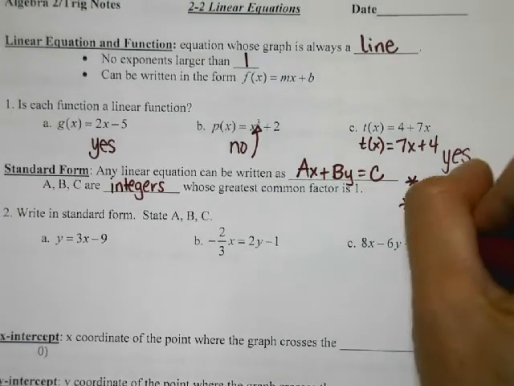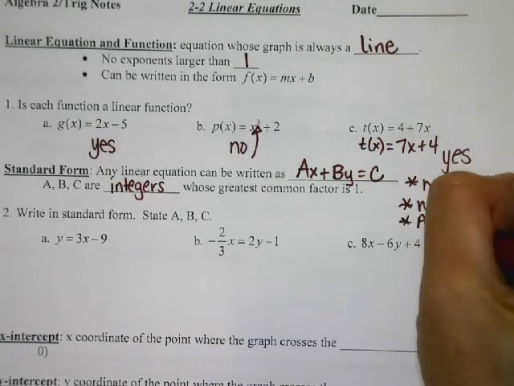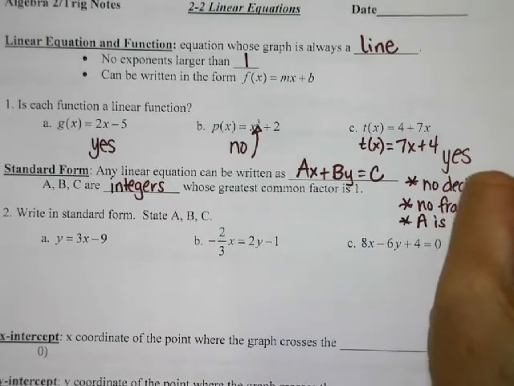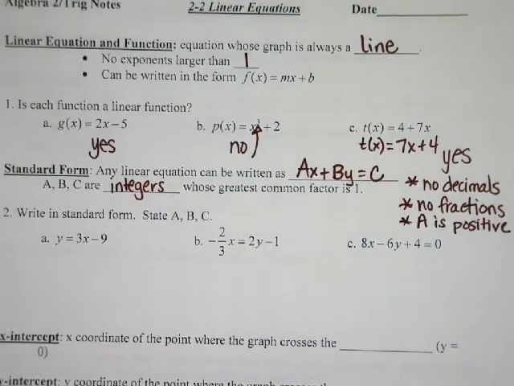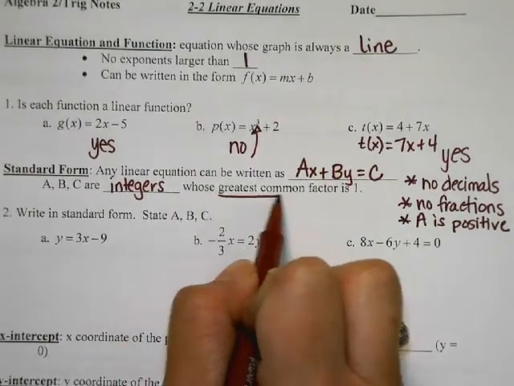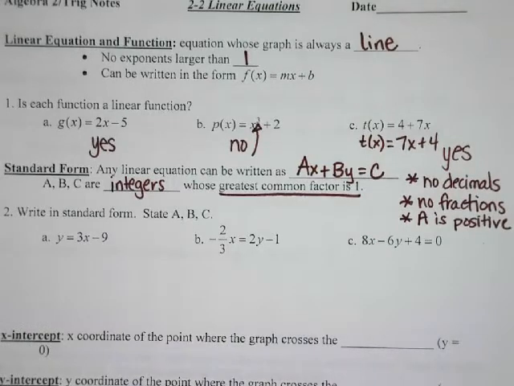And one last hint, A is positive. And the greatest common factor is 1. That means that there's not some number I can divide them all by. Okay, if they all have a common factor of 2, then I would divide them all by 2.